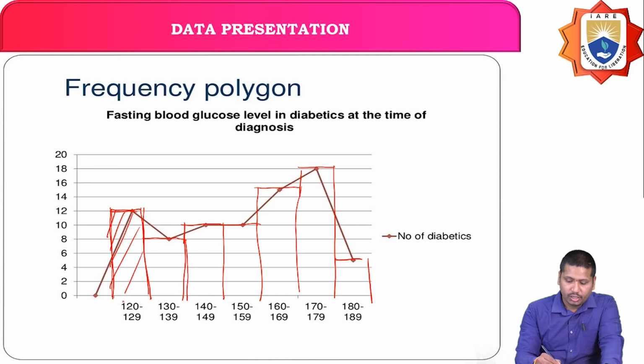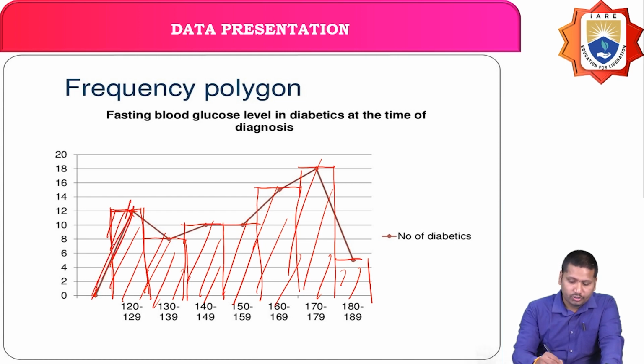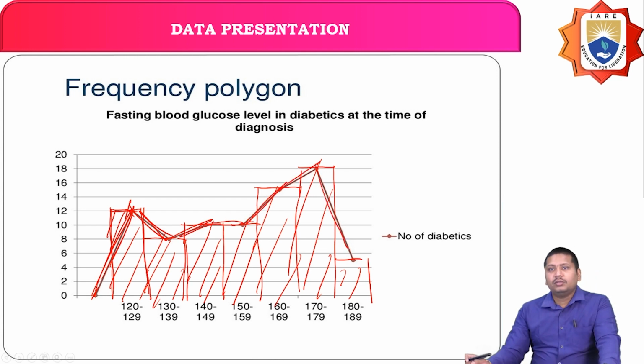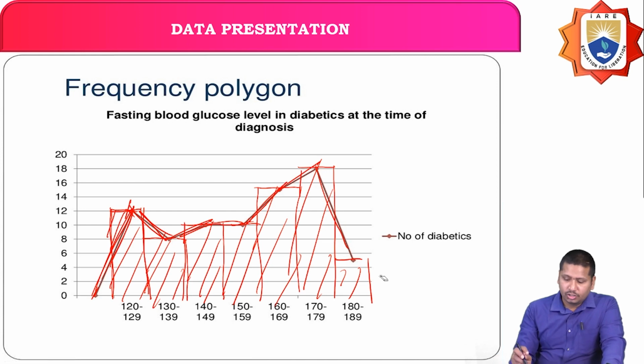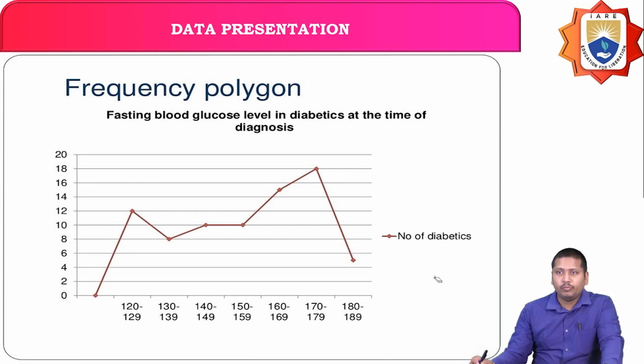Once that is done, I join the midpoints of all these. After removing the rectangles, the curve I obtain is the frequency polygon. The frequency polygon is constructed only after constructing the histogram.